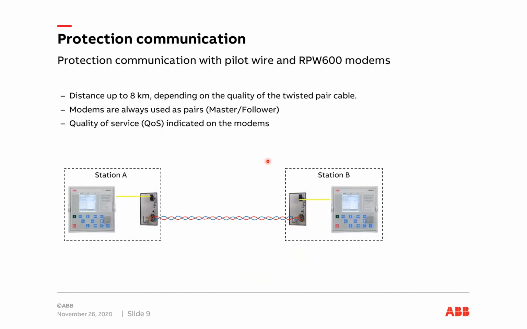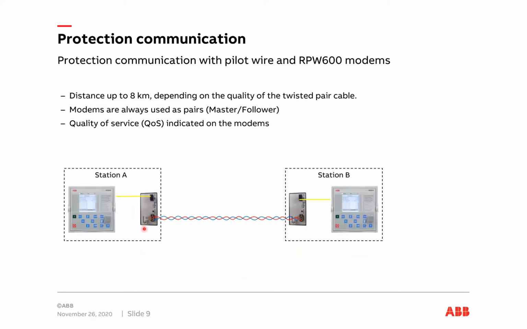The second option is to use a galvanic twisted pair cable as the communication media. And for this, we have a dedicated pilot wire modem available.